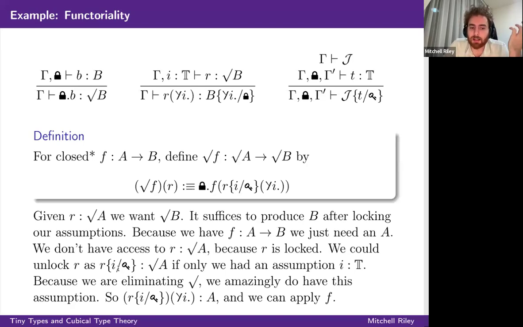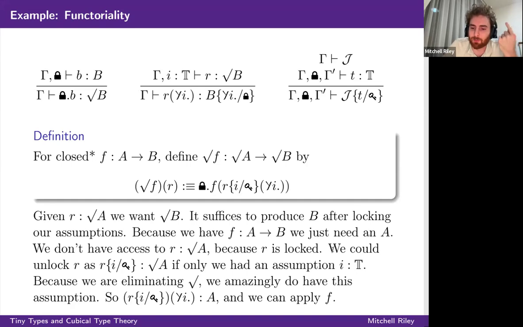And so if only we could unlock that, if only we had an element of the tiny type, then we would be able to unlock the element of root A so that we had access to it and apply the eliminator.